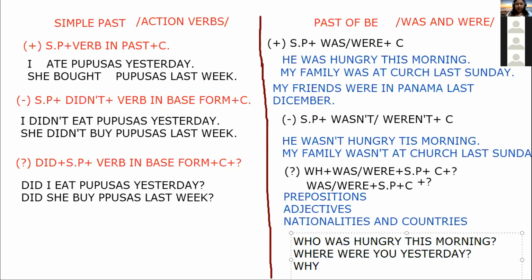And you said why? Do you want to use was or were? Let's use was. Why was? Let's use your imagination. What's going to be the subject pronoun? Remember that your subject pronoun can be a person or a thing, a situation or people.